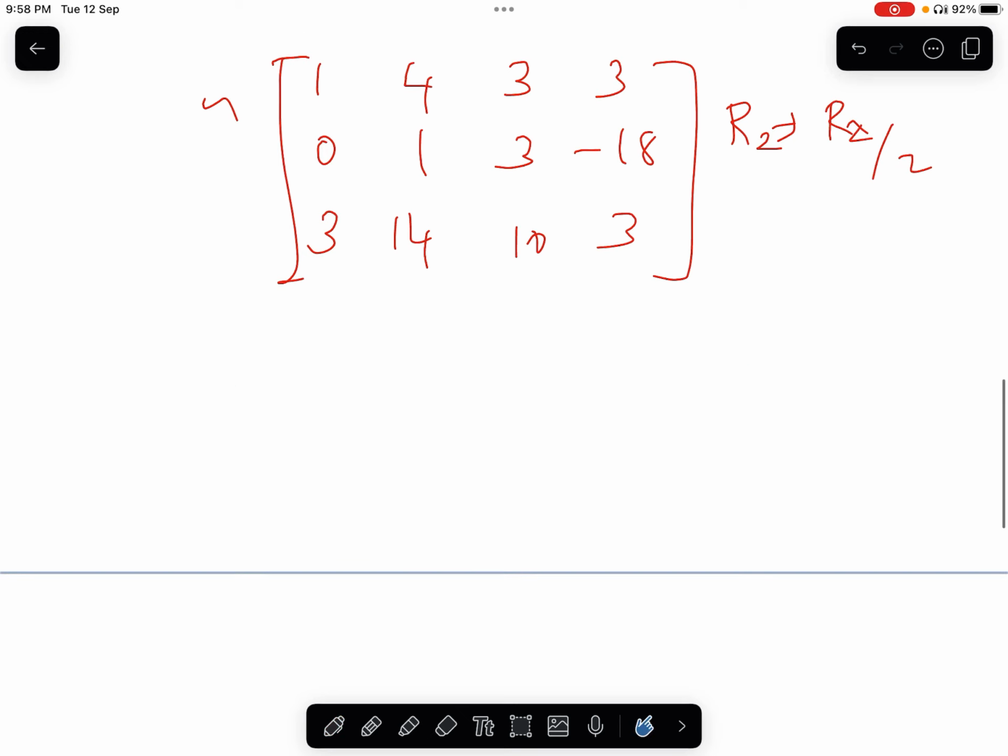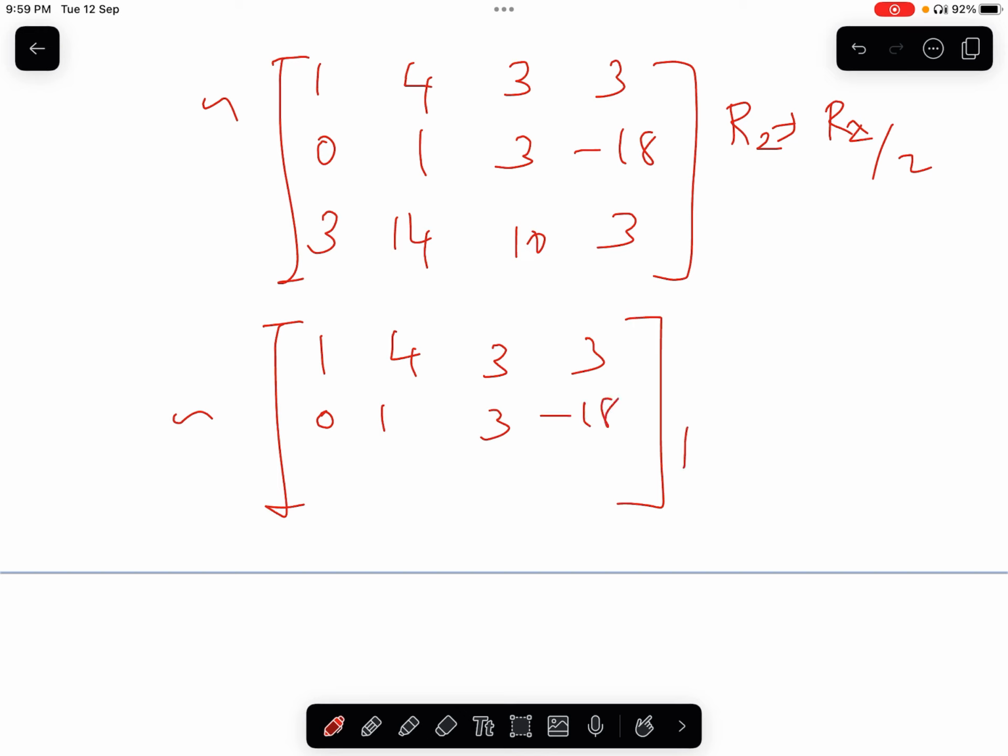Looking closely, the first two rows we write as it is, and for the third row we do R3 gives R3 minus 3 times R1. In the place of R3, 3 is there, so 3 minus 3 times 1 becomes 0.